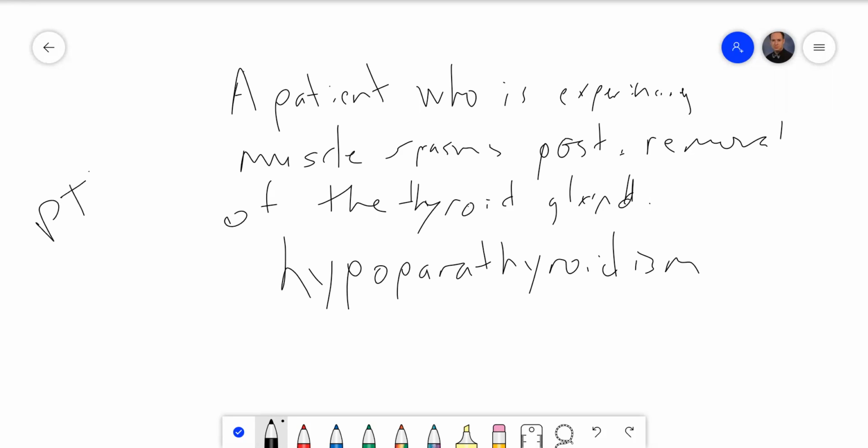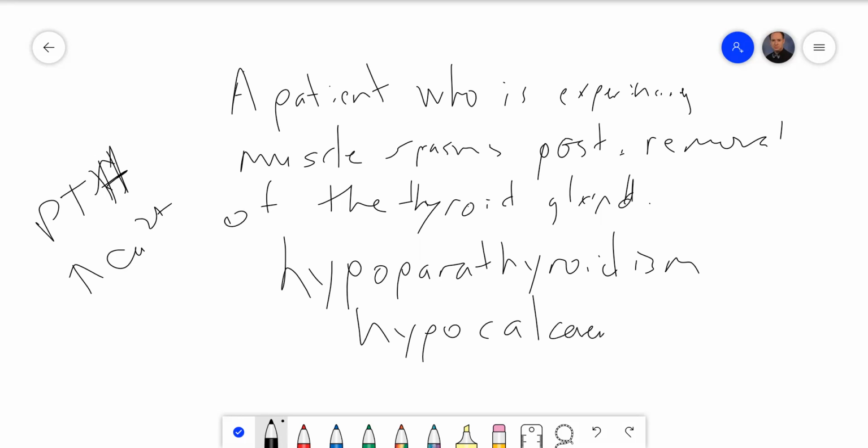Parathyroid hormone raises the calcium in your blood. So if you don't have enough parathyroid hormone, that's going to lower the calcium in your blood, and that is hypocalcemia. And hypocalcemia would cause these muscle spasms. So if you ever have your thyroid gland removed, they'll monitor you in the hospital for several days afterwards just to make sure that you don't have any issues with the parathyroid glands.